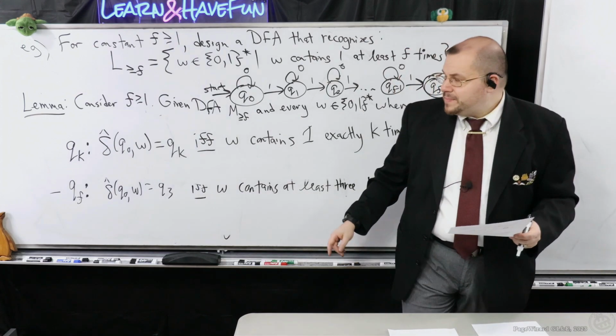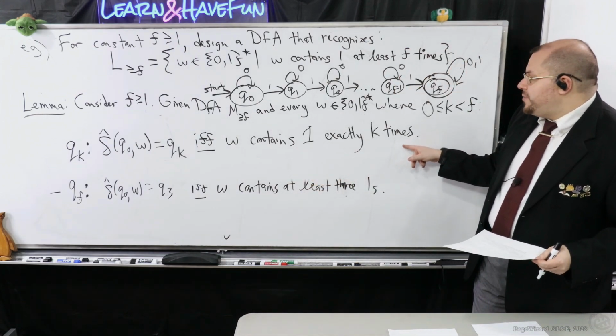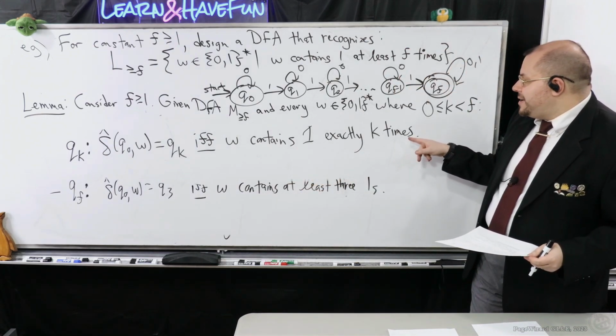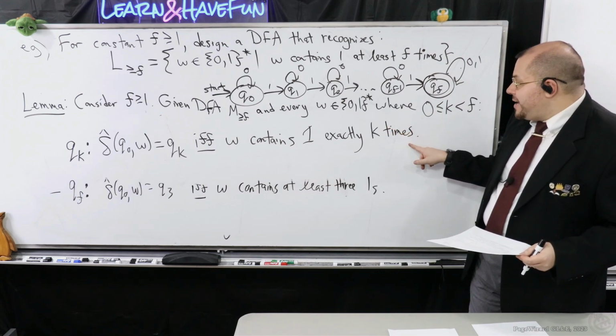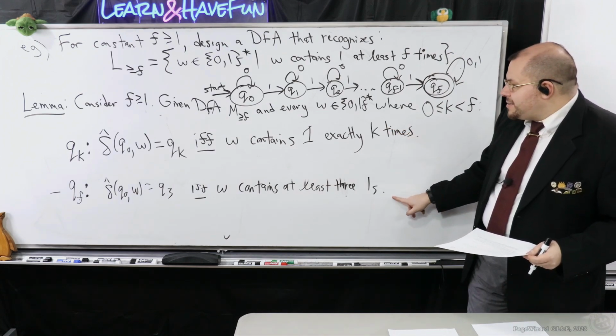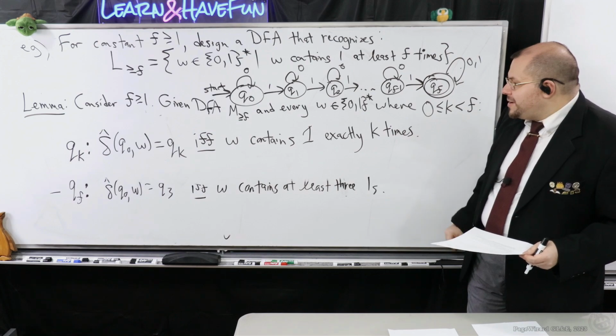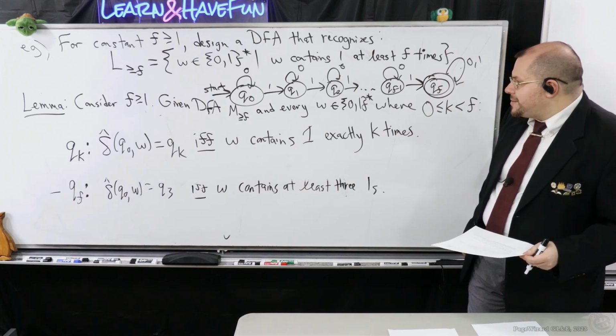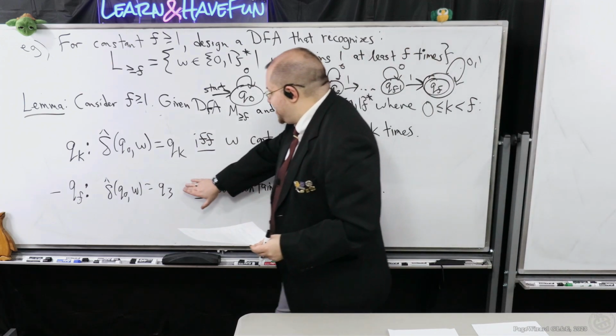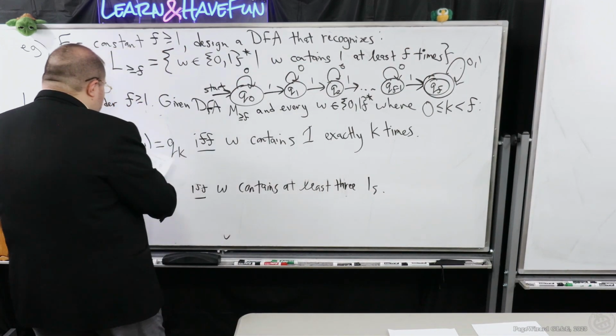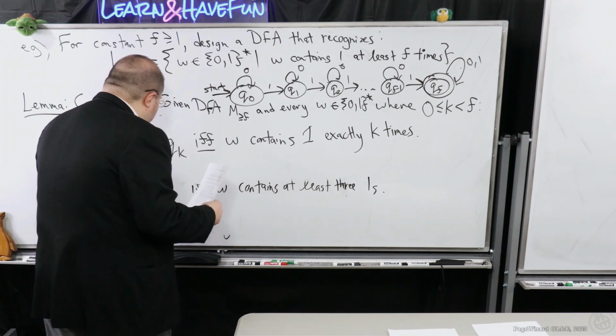Right? So if and only if W contains one exactly K times, and QF is when you have it where what? Oh yeah, we have to change that to QF too, right? We're thinking about how we can generalize our ideas here.